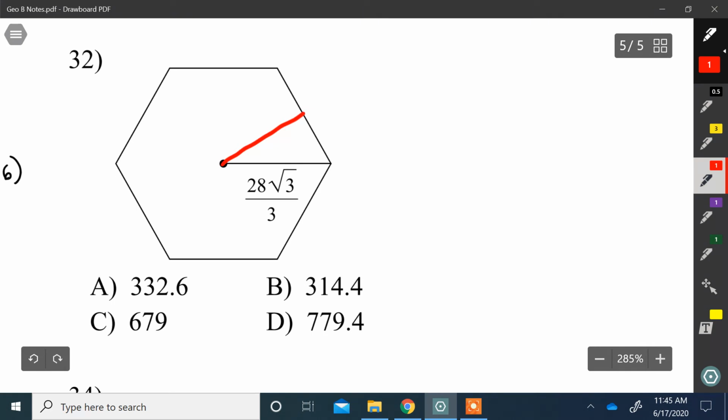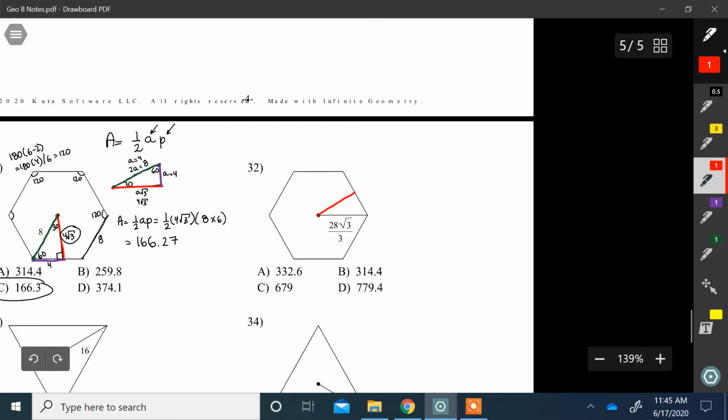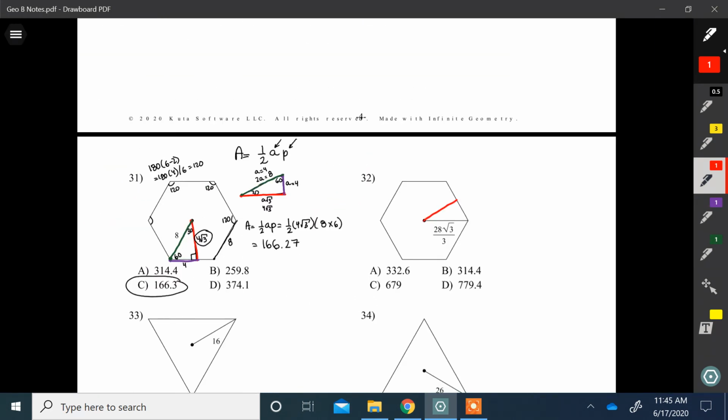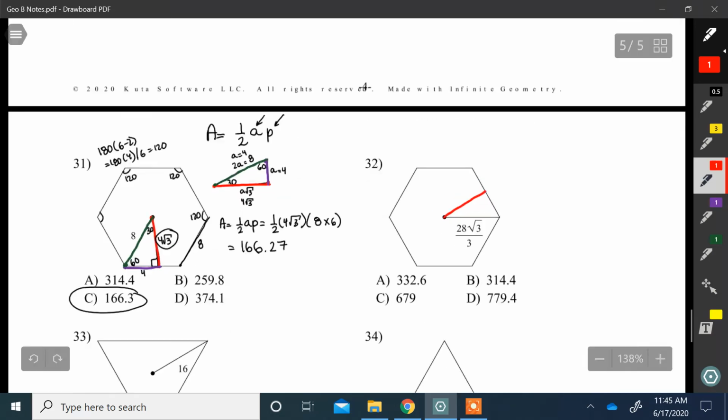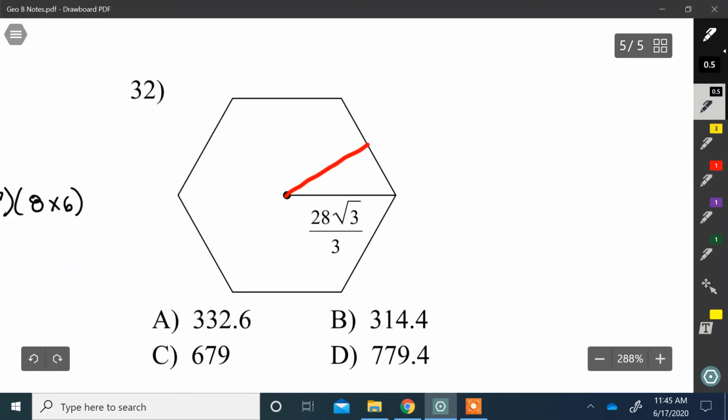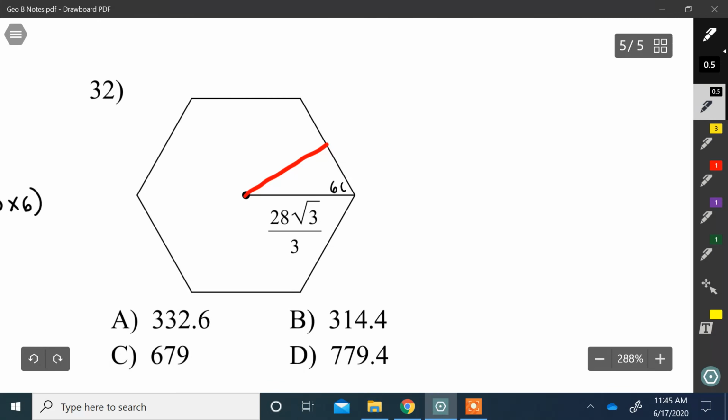So this right here is the apothem. Again, those two are the same, as you can see. Okay, same problem. So we already know that this is 60, and this is 30, and this is my 90 degrees. This is 30, this is 60, this will be my 90 degree.